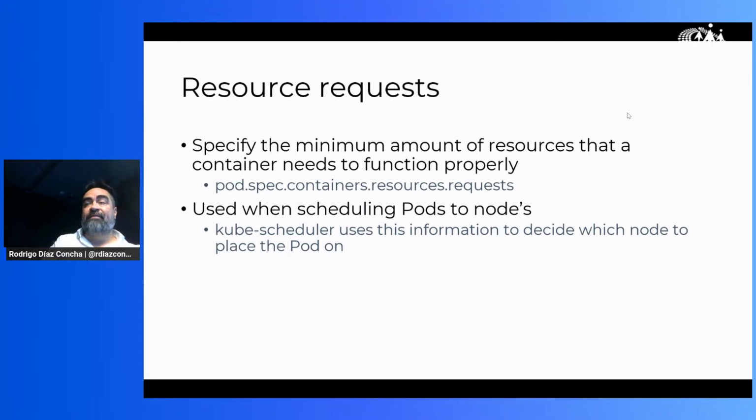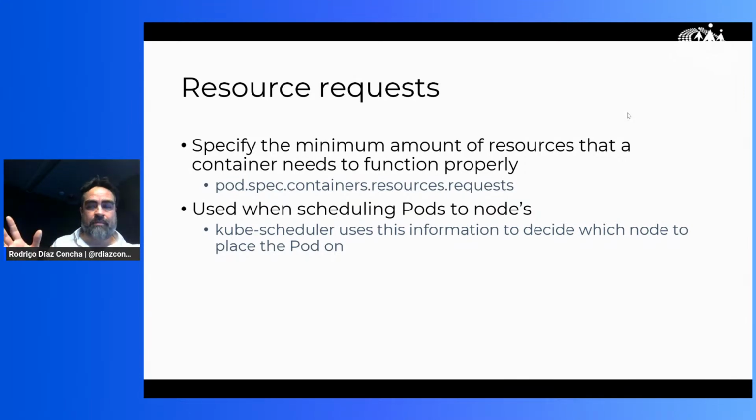Those values are going to be used by the scheduler, remember, that's one of the control plane elements in a Kubernetes cluster. The scheduler is going to use that information to decide which node to place the pod on, okay?